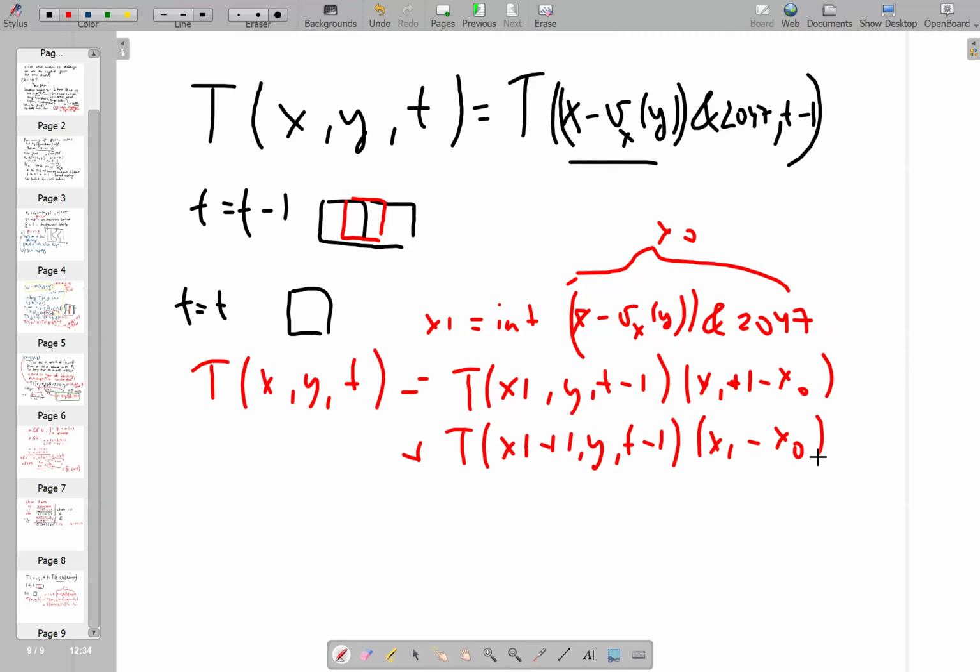To fix things, this needs to be substituted with X1 plus 1, and again the same, and it's 2047. Then we make it into something which fits into the range. There is no problem with the multipliers. These are perfectly fine, but this place needs to be fixed.